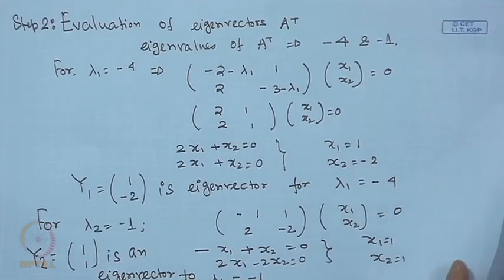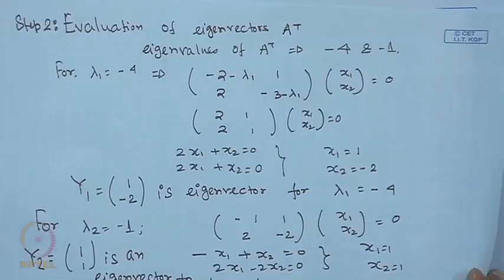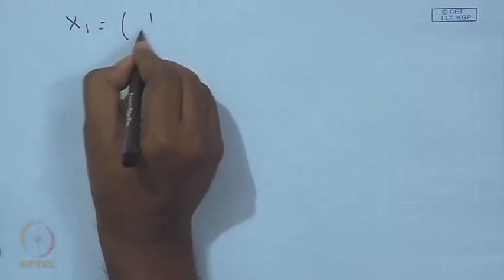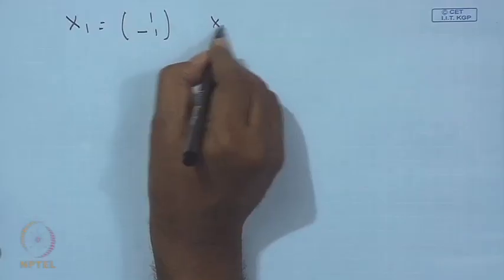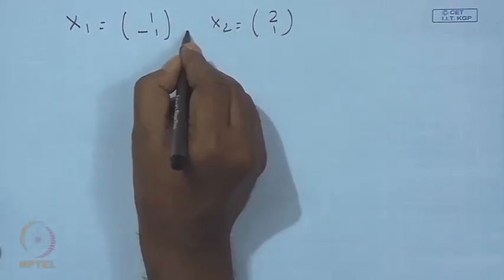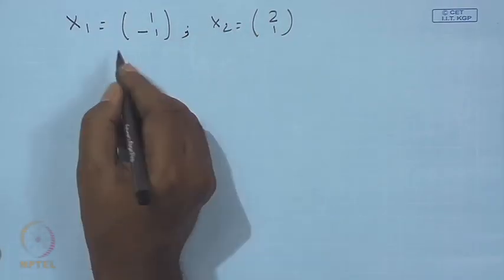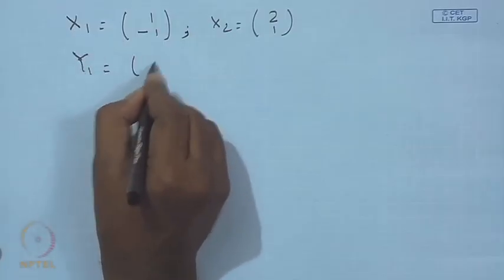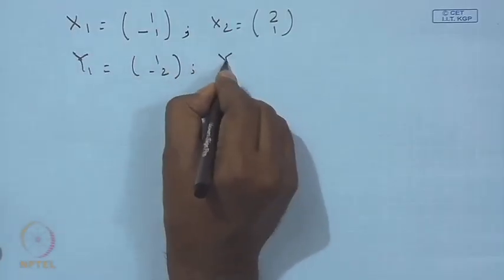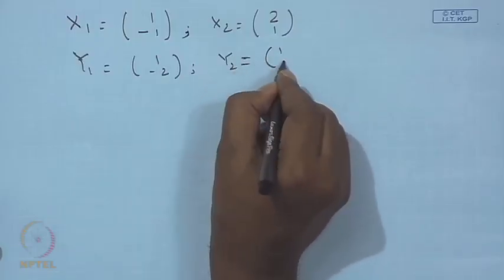The same way we have evaluated the eigenvectors of matrix A, we can evaluate the eigenvectors of matrix A transpose. Now, let us write down these solutions in one place. We have the eigenvectors x 1 is 1, -1 and x 2 is 2, 1, and y 1 is 1, -2 and y 2 is 1, 1.